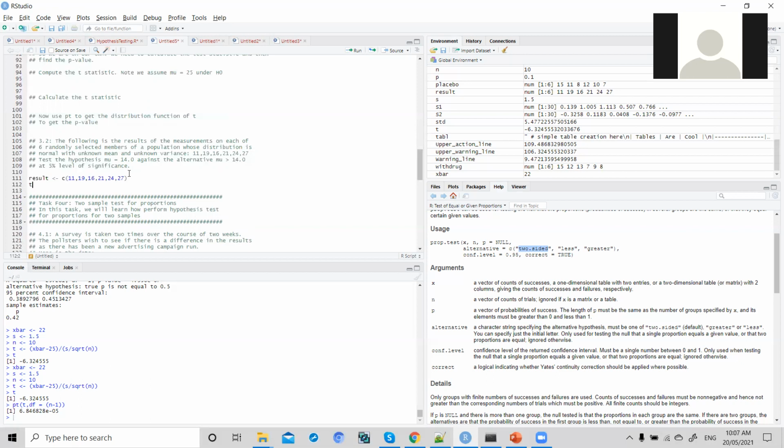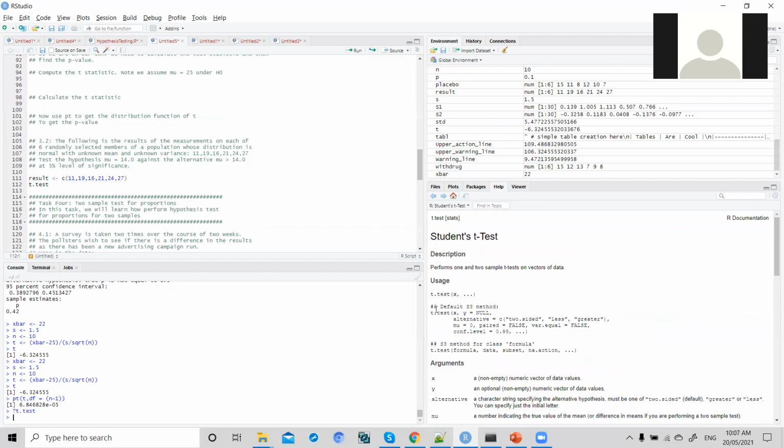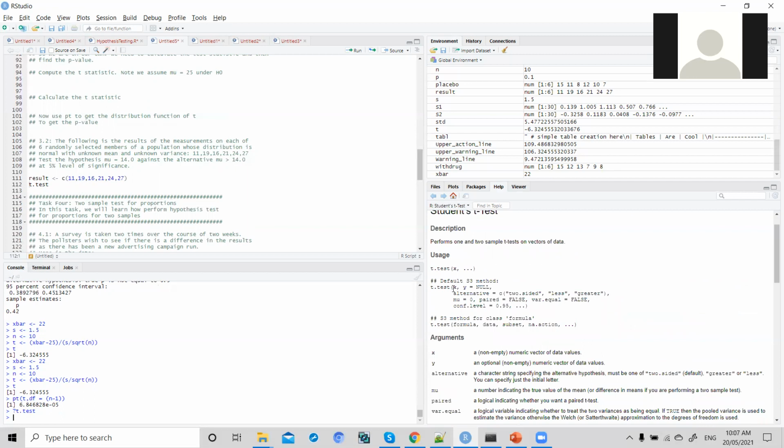Here again we do t dot test. If we look at the syntax of t-test, x is the result, comma, here we have 6 randomly selected members of a population whose distribution is given here. The test hypothesis will be 14, and the alternative will be greater than 14.